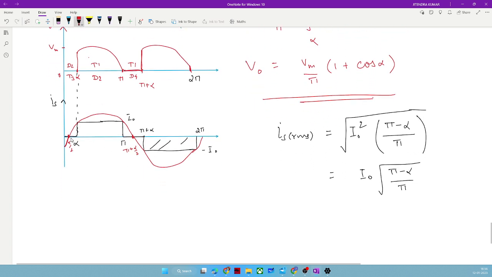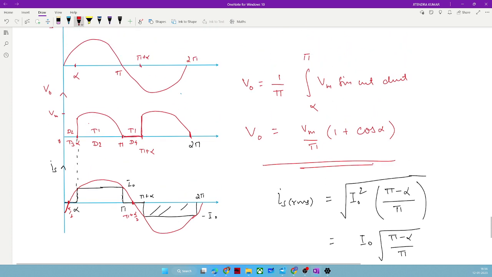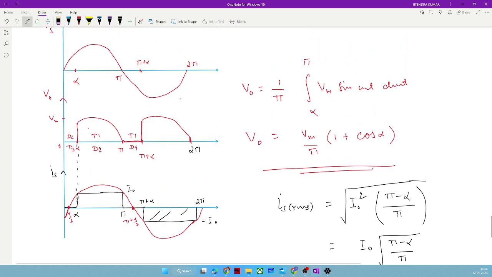First, it has been displaced by alpha by 2, and our supply voltage starts from 0 and, since the supply is sinusoidal, only has the fundamental 50 hertz, but this square kind of waveform has the fundamental along with third harmonics, fifth harmonics, and so on. Those harmonics and their magnitudes will depend on some parameters which we are going to see.